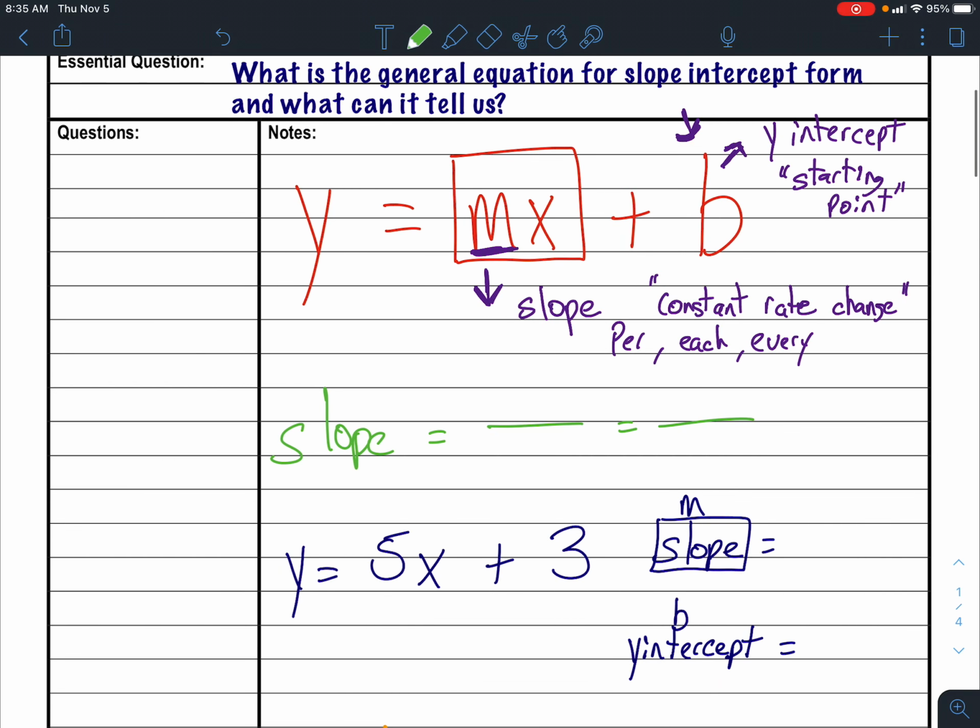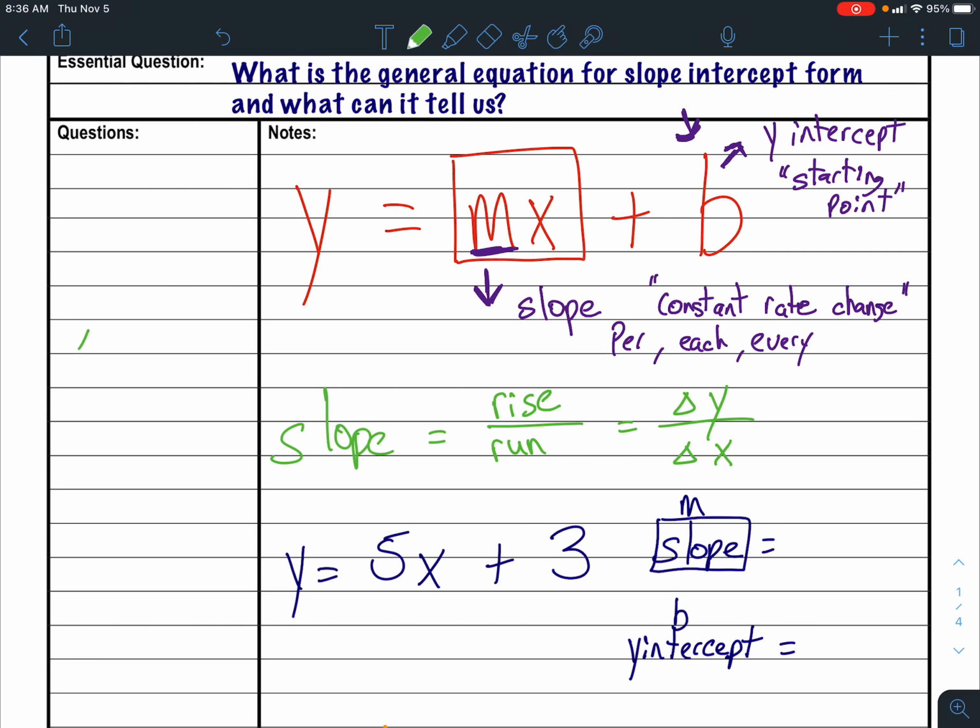Now, what is slope? Slope is going to be our rise over our run. And we can find this by doing delta y over delta x. Now, this is basically the fancy way of saying this, but I like introducing it to you guys since you will be exposed to it next year and beyond when you're in high school.